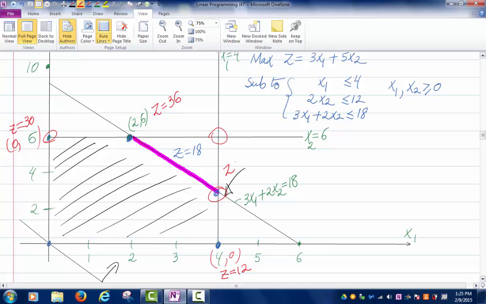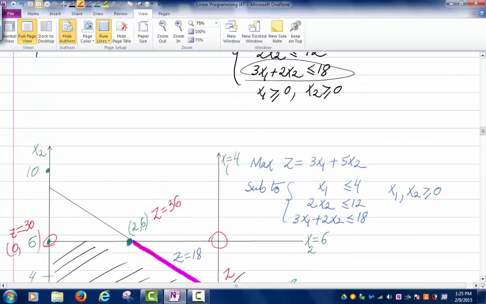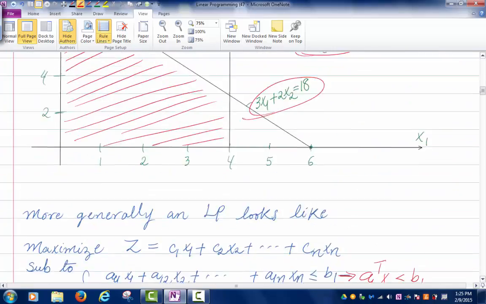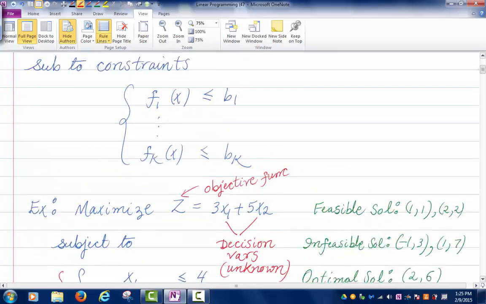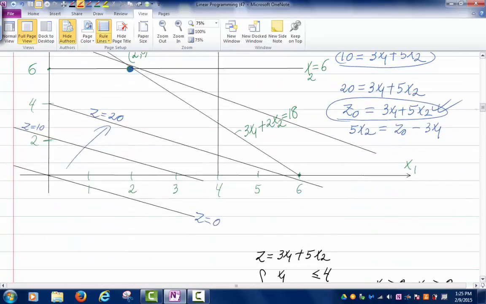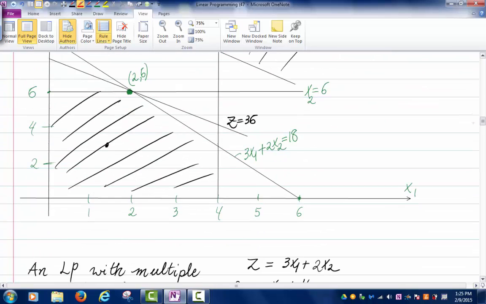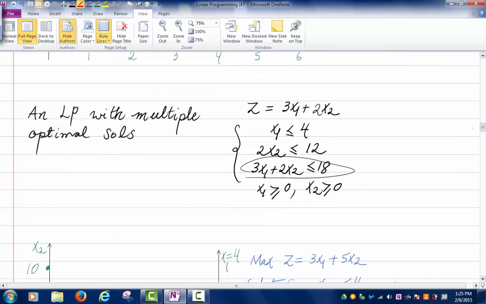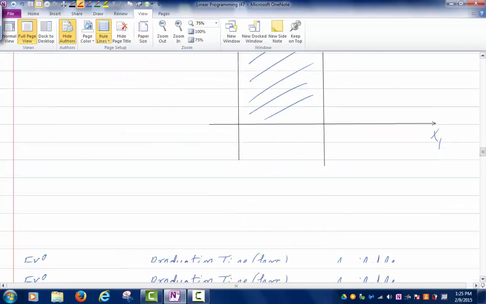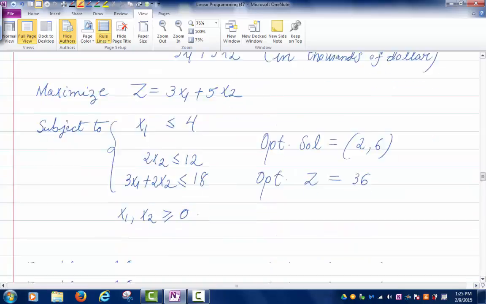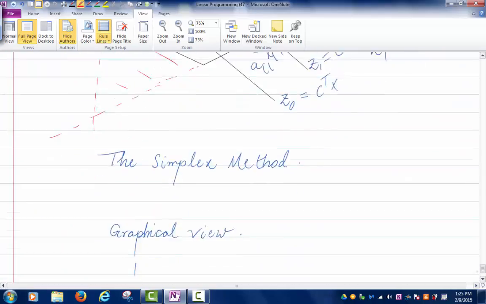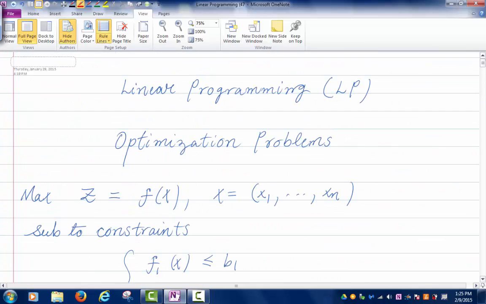I forgot what that point was. I think I wrote that down before somewhere. Let me quickly check what that point was. I mean, it will be the intersection of two of the boundaries. I can easily find that out, but I think I have it somewhere.